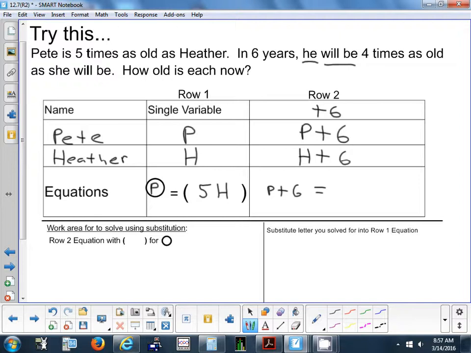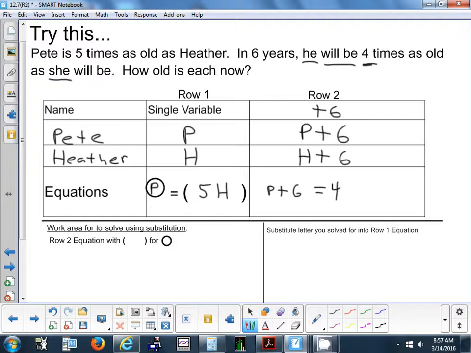4 times as old as she. Okay? So what about 4? How do we write 4? Ryan? What do we put for 4? Just times H, or H. Yeah, put the number 4. Okay? You're on the right track, Ryan. Remember, we're talking about in the future now, right? So we're talking about Heather in the future. What's Heather in the future?